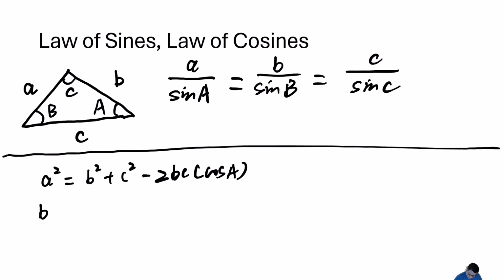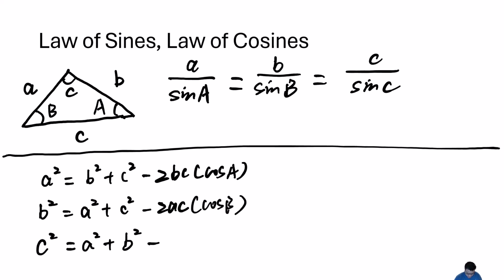Similarly, b squared equals a squared plus c squared minus 2ac times cosine B. And c squared equals a squared plus b squared minus 2ab cosine C. Okay, that's the law of the sine and cosine.